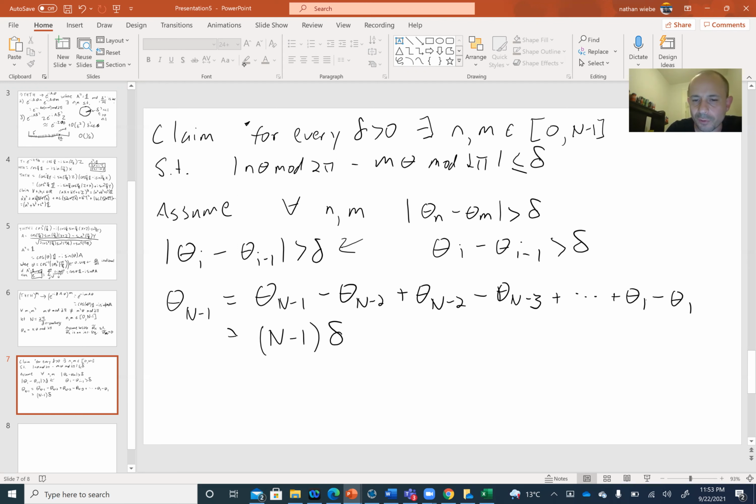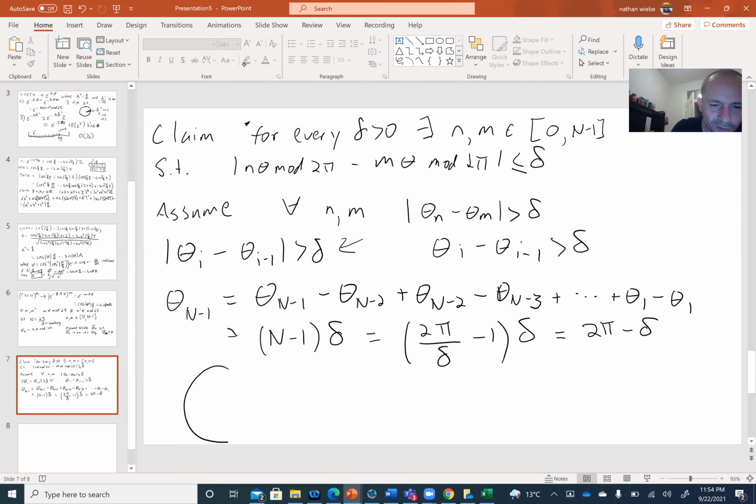Now, n, if you recall, is equal to 2 pi over delta minus 1 times delta, which is equal to 2 pi minus delta. Okay, but what we have here is a unit circle, and this angle mod 2 pi for the last point over here has an angle that's greater than 2 pi minus delta.